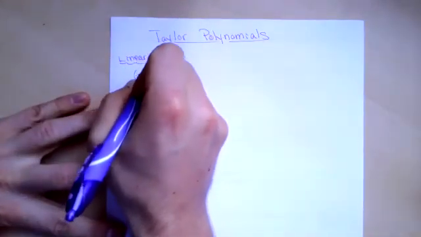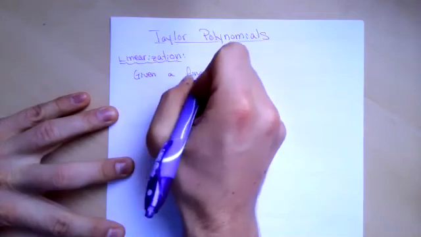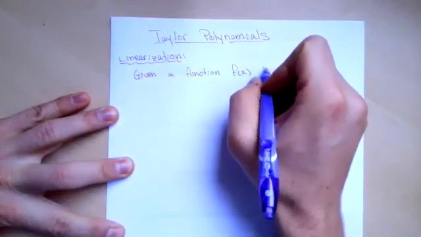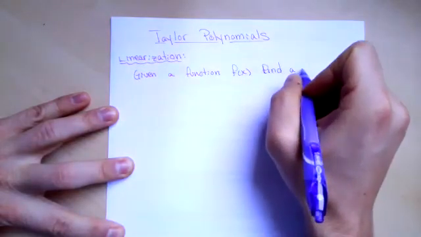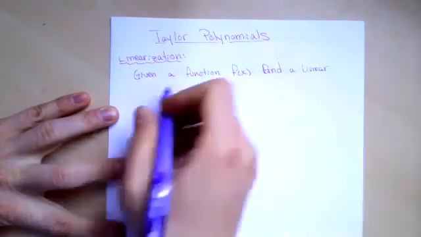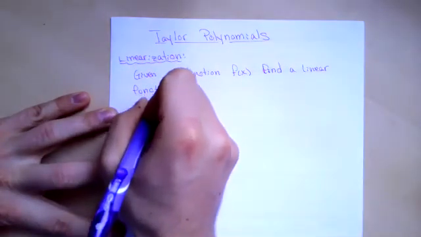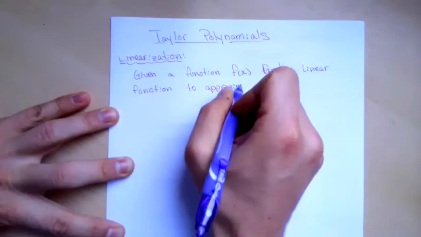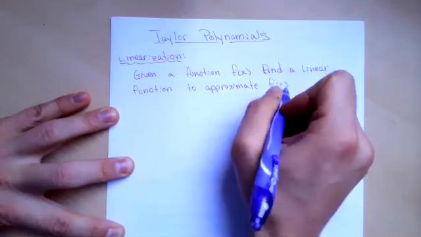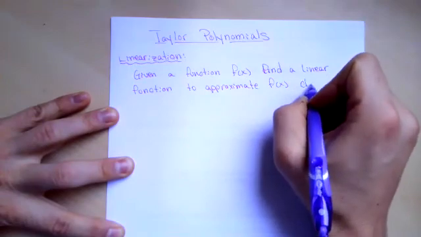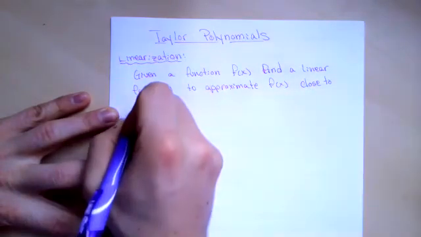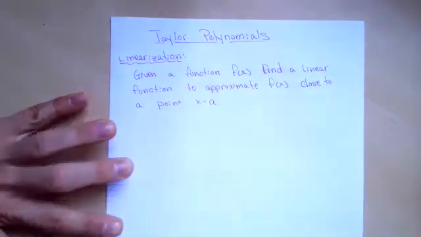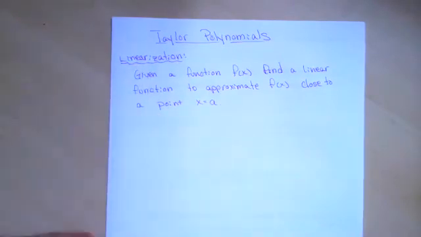Given a function, we find a linear function to approximate f of x close to a point. So you might have called this linearization.